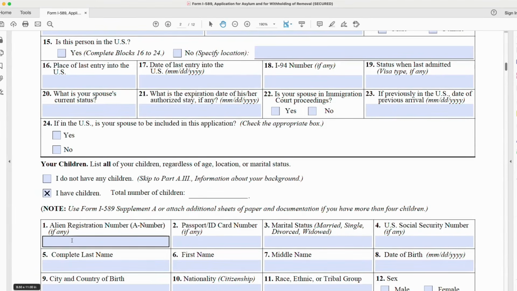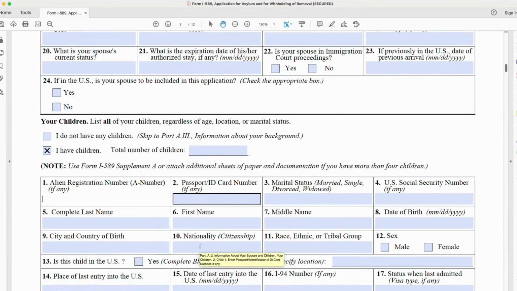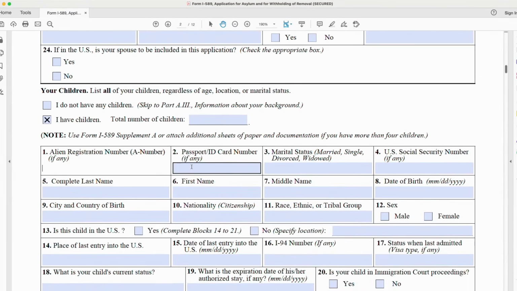Then, write your child's A number, if any, on question 1, their passport number, if any, on question 2, their marital status, married, single, divorced, or widowed, on question 3, and their social security number, if they have one, on question 4.